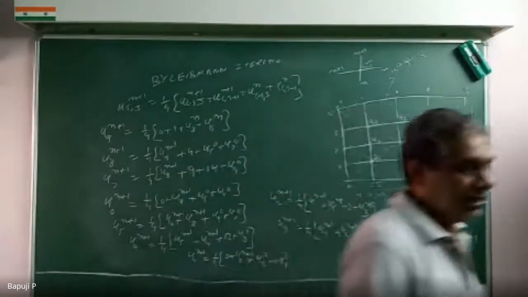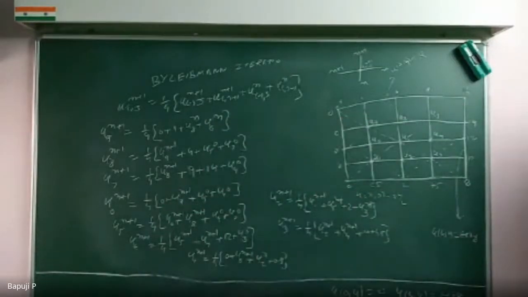Now we see for all 9 values, now I prepared the formula. You can keep it on one side. Copy down.